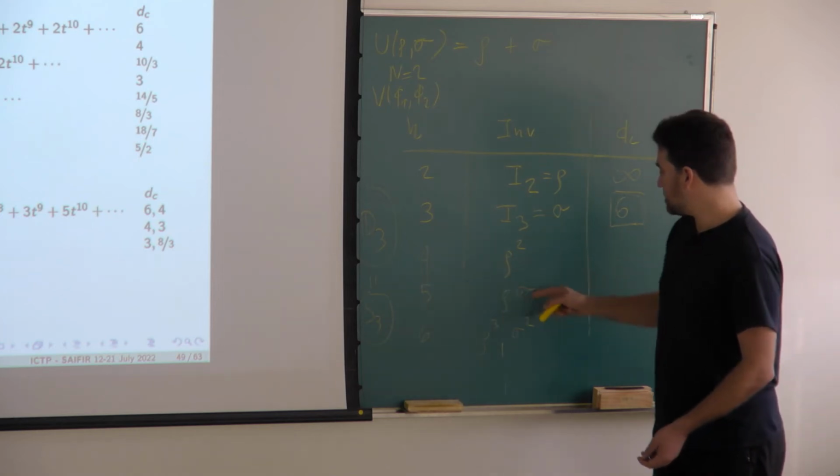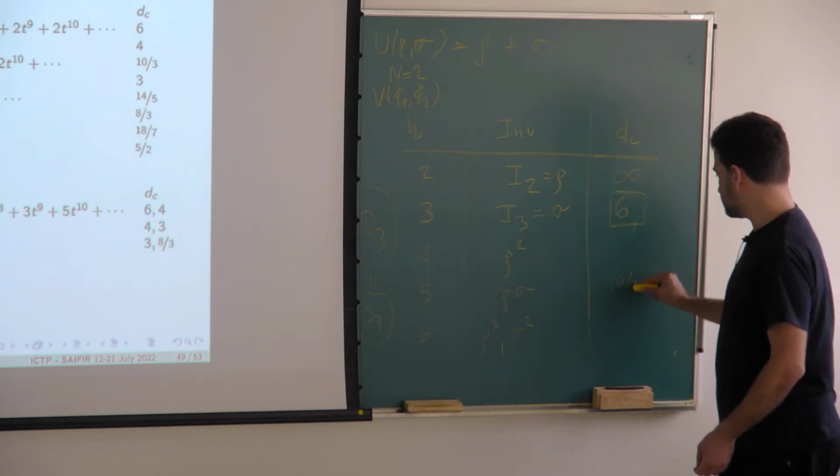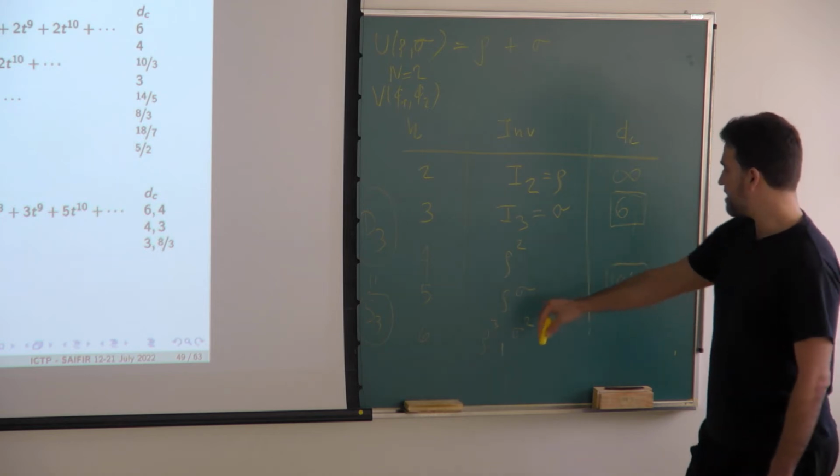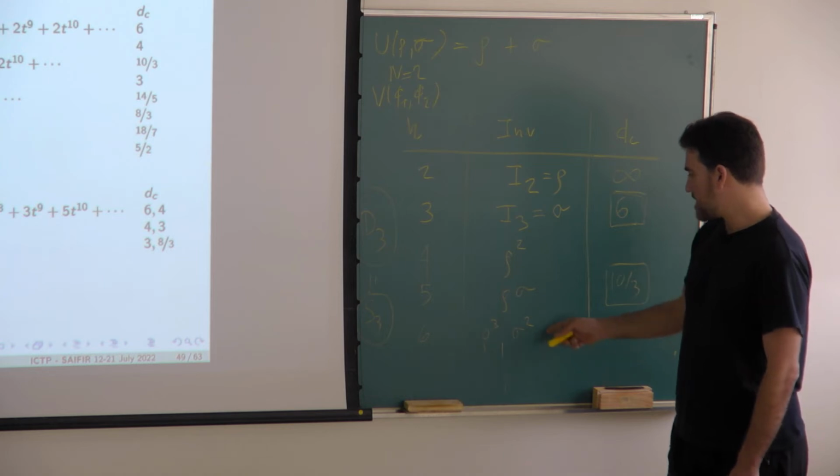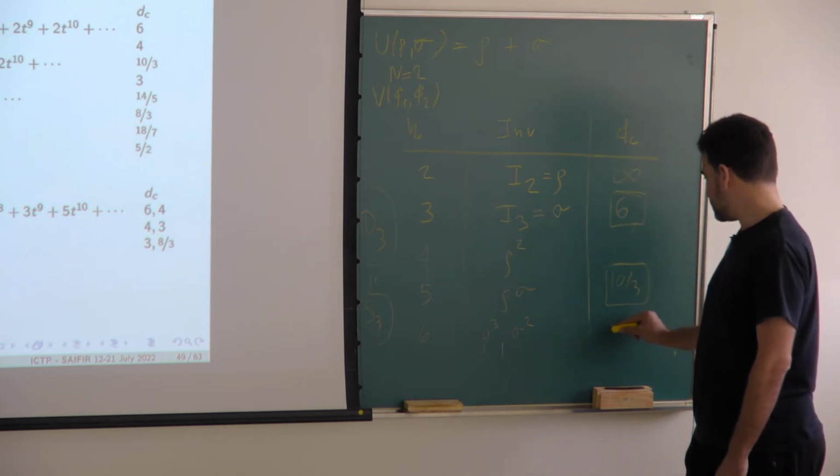I can use dimension 10/3, which is this one, and have the marginal coupling which has this particular structure. And then this is dimension 3.